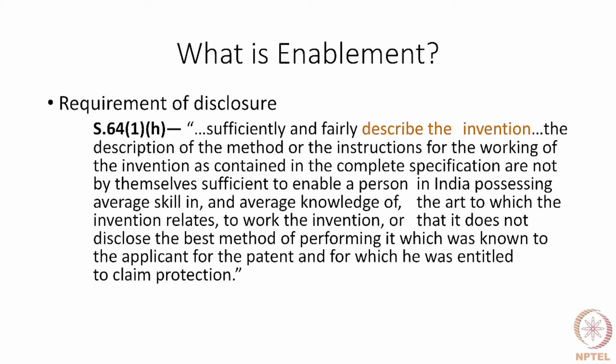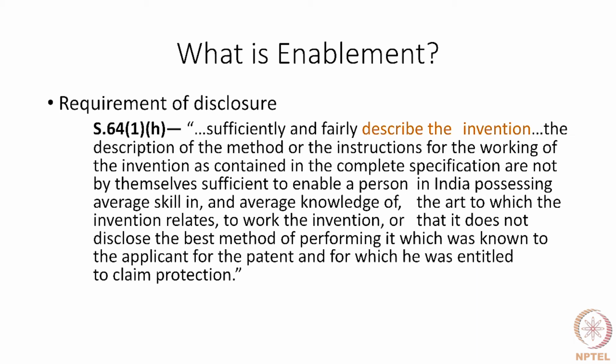So what should it do? How should it enable a person? It should enable the person to work the invention. Now this is the enabling requirement. The sentence continues also to include the next requirement, that is the best method. That it does not disclose the best method of performing it, which was known to the applicant for the patent and for which he is entitled to claim protection.